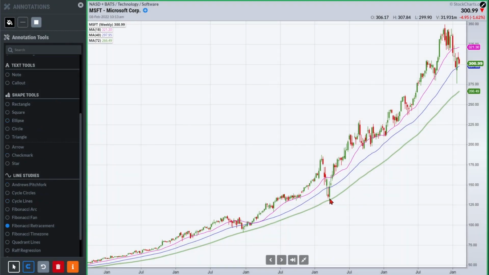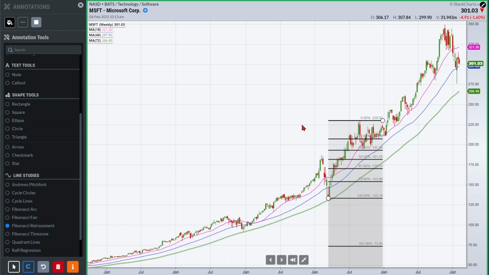So now I'm going to start from this low, and then I'm going to work up to the next peak. And if we can see what happened, we had the move up, and then we pulled back, and we found support right at the 38% retracement, which happened to also be right in the area of a rising 18 week. Okay, it didn't quite make it to the price support, but we had two areas of support.